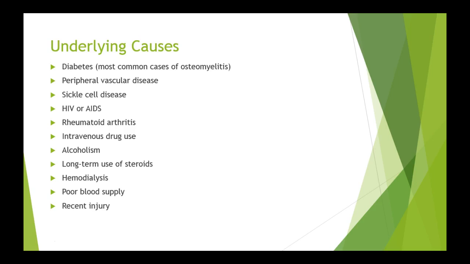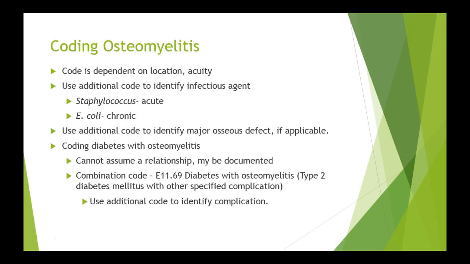Children, older teens, very young adults is where we typically see this, and it's damage to the joint based on an immune issue. Intravenous drug use, alcoholism, long-term use of steroids, hemodialysis, poor blood supply, or recent injury can allow this infection to invade the bone.